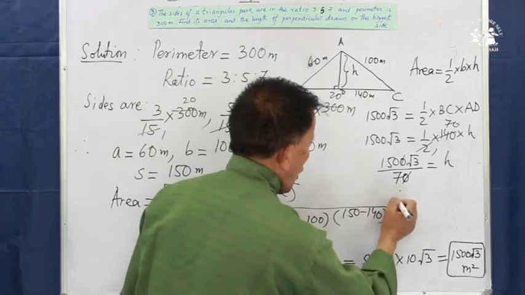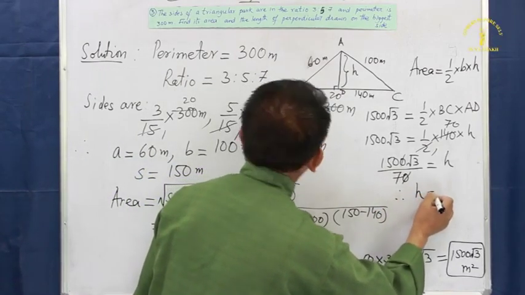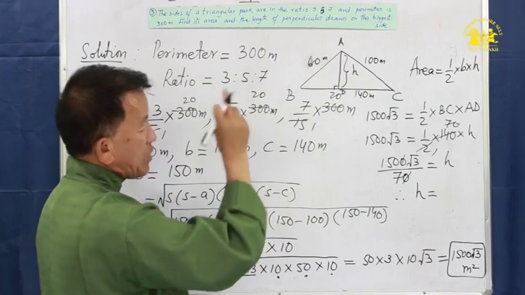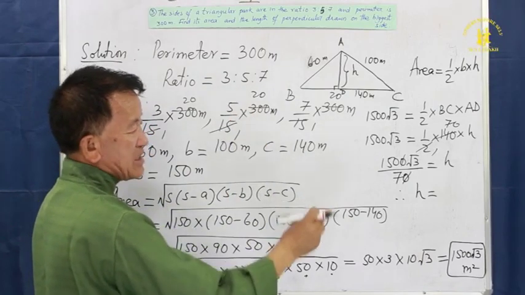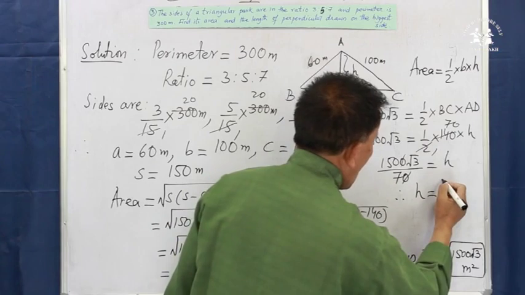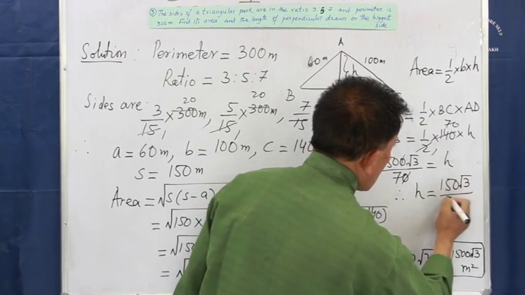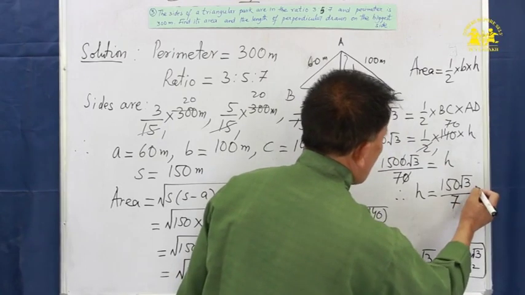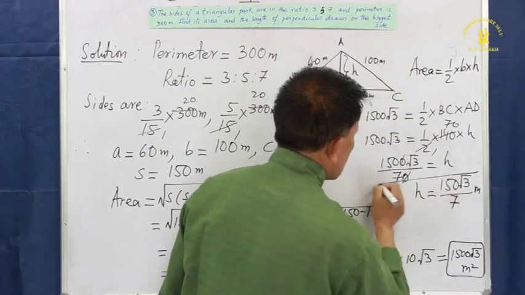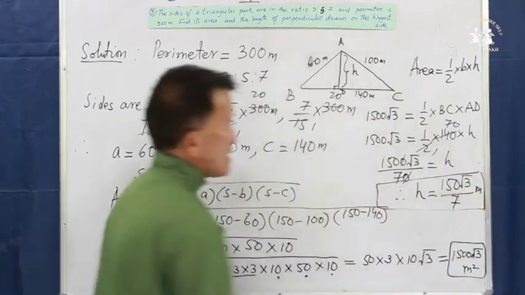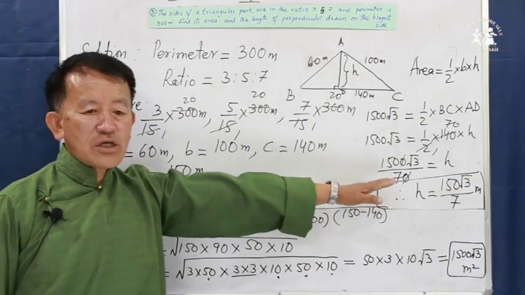So therefore the required length of the perpendicular drawn on the bigger side, H, is equal to 150 square root of 3 divided by 7 meters. That is the answer to the second part of the question.